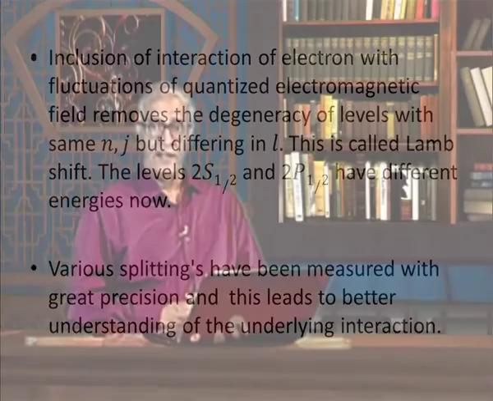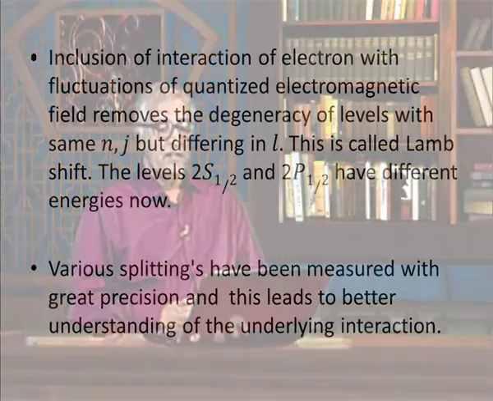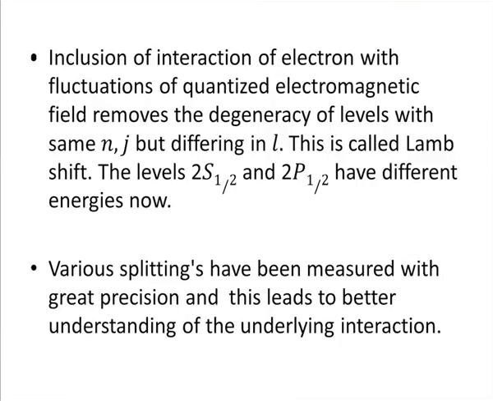Earlier we have seen that for the same j, the energy is same, but you see here 2s1/2 and 2p1/2 have same j, but because of the quantized electromagnetic field, they are separated in energy, and it is called the Lamb shift. Various splittings have been measured with great precision, and this leads to better understanding of the underlying interaction.